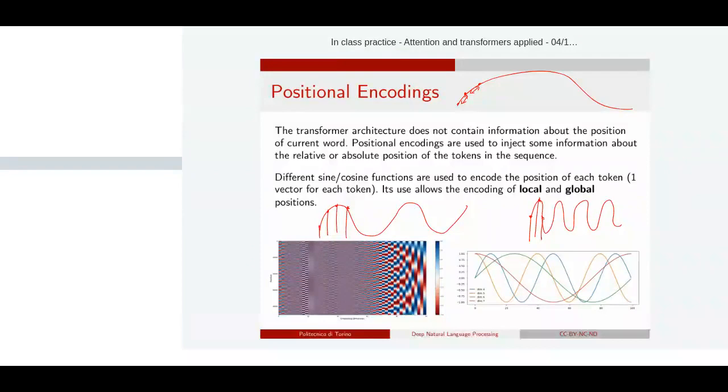I don't know if the network needs this information about the locality and globality of how distant words are, but I give this information to the network, and during training it will learn how important the different parts of the positional encoding vector are to perform my task at the end.